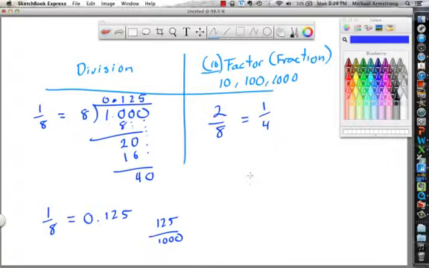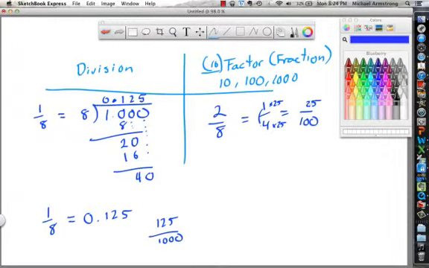Right? And 4, does 4 go into 10? No. Does it go into 100? Yes. Hopefully this is one that you recognize. This is 1/4, and 4 goes into 100 25 times. So I might immediately say what goes into 100. 4 times 25 is 100, so 1 times 25 is 25.